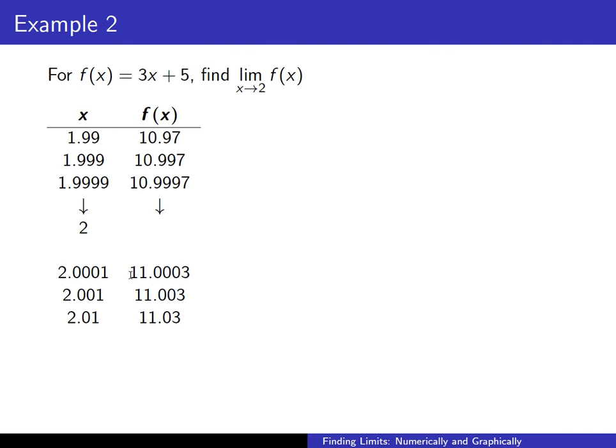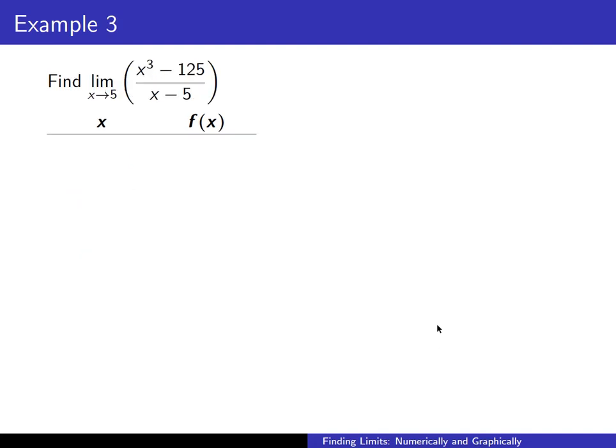Notice that these outputs are getting closer to a value as our x values are getting closer to 2. So from numbers below 2 and numbers above 2, they both seem to be getting closer to 11. Hopefully that was your guess for what the limit was as x approaches 2 of this function.